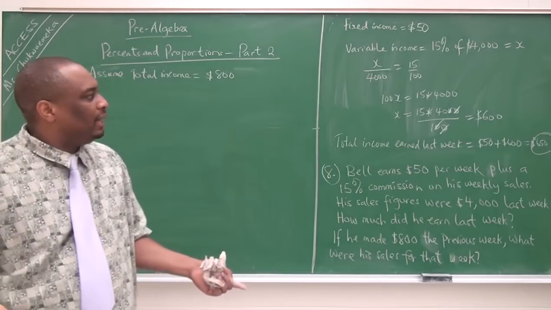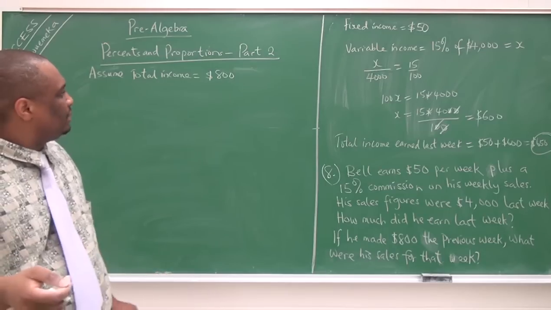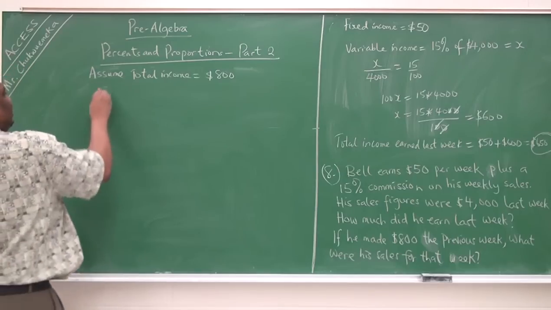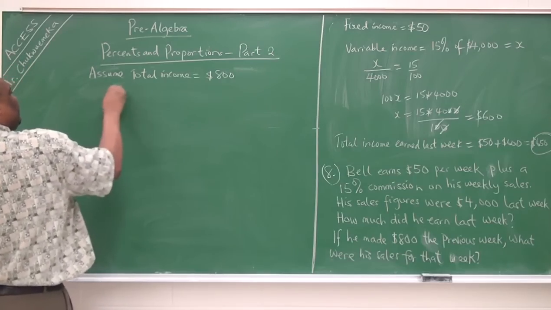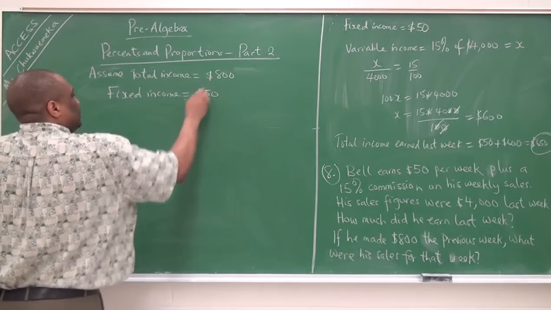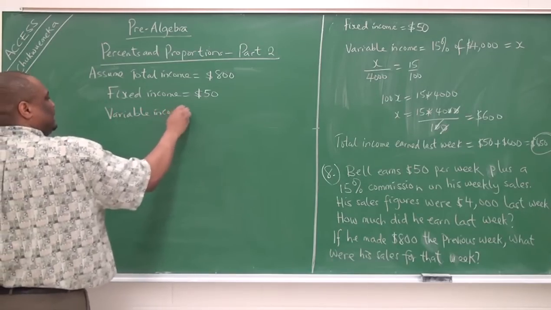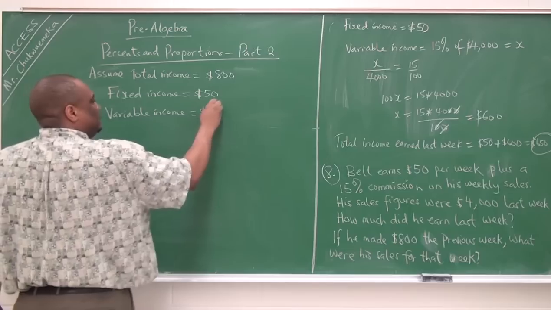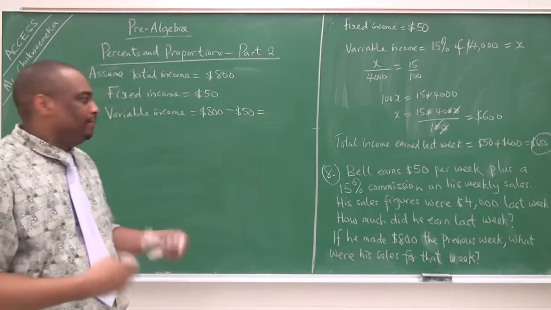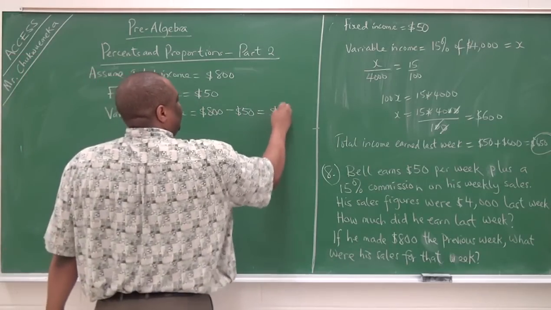So let's find his weekly sales, right? But the total income is $800, okay? Now the fixed income is what? Still $50, okay? So what is the variable income now? The variable income, so that we can now find the sales, is $800 minus $50. Because the fixed income plus variable income is the total income that he made. So 800 minus 50 is $750.